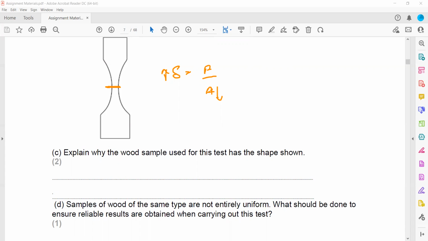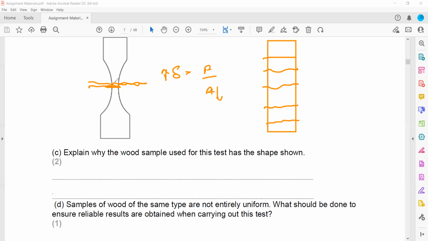And the second thing is that it should break at a particular place. What if the sample was cylindrical or rectangular? When we add a load, the sample might break from here, or from here, or from here. Many possibilities are there. But in this case, the likely position where the sample will break is at the narrow part, the neck.